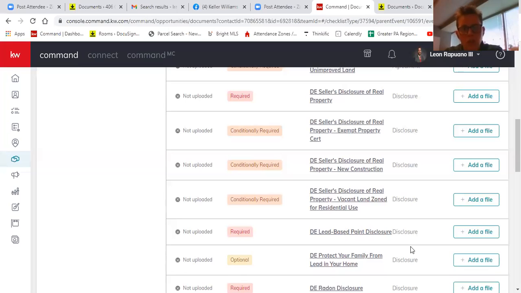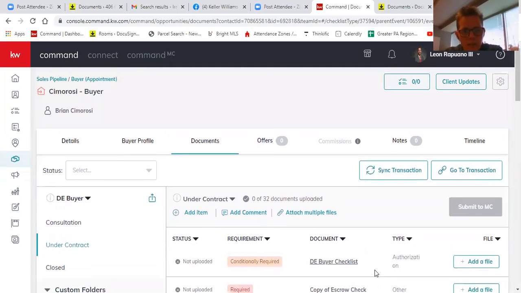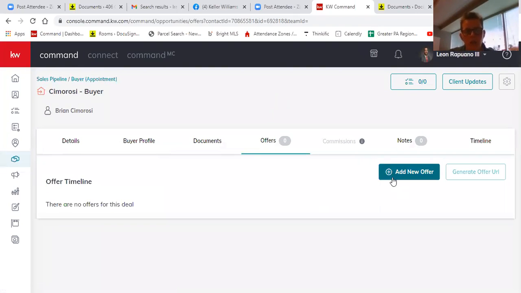Also, Andre, for your listing, Leon, can you go up a little bit on your screen here? If you look up at the top, you see offers. You could have put in all 7 offers and done a pros and cons list. If you generate these offers, it'll do a pros and cons list of them to help you explain to your seller if you want. We haven't necessarily started using this for multiple offers.